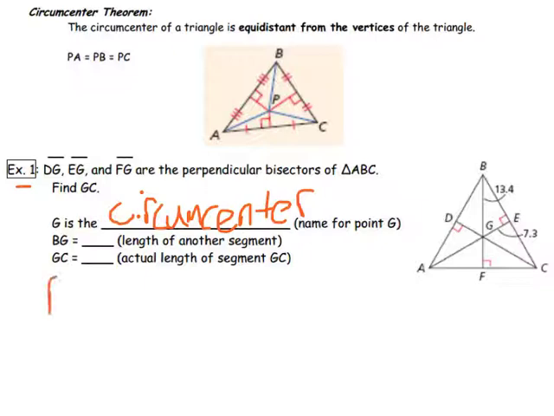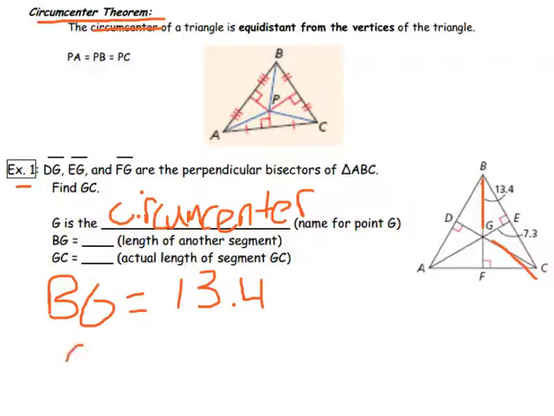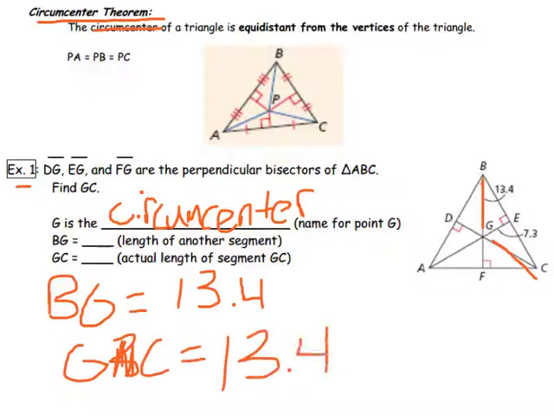Now, BG, they tell us, is 13.4. Therefore, because of the theorem up here, we know that BG and GC are the same length. So GC is also 13.4. Okay, let's move on.